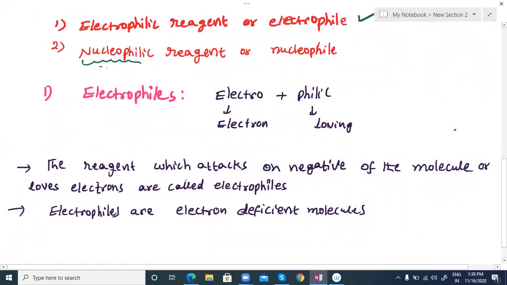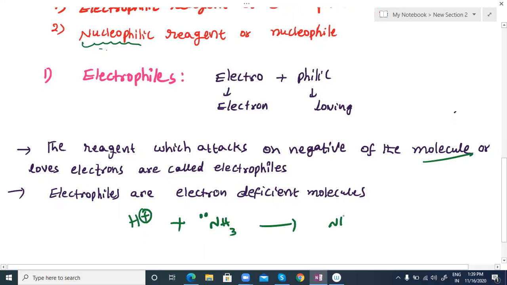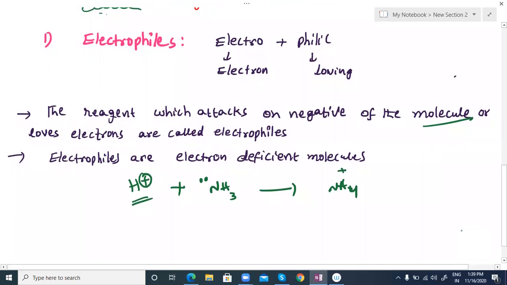The reagent which attacks a negative site or electron-rich molecule, the electron-loving one, is called an electrophile. So these are electron deficient. For example, H plus is electron deficient, ready to attack wherever there is a source of electrons, and they can form bonds. This is an electrophile. Wherever electron-rich species are there, they are going to be attacked.